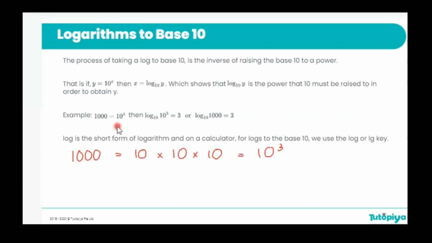How I would write this question in terms of logarithms would be log 1,000 to the base of 10 should give me which value? This is asking which number should I raise 10 by to get my answer of 1,000. And because we know the relationship between 1,000 and 10 to the power 3, I can say that the answer for this should definitely be 3.